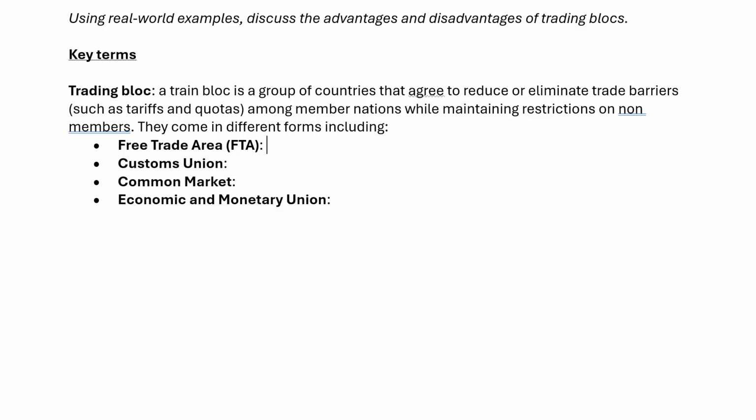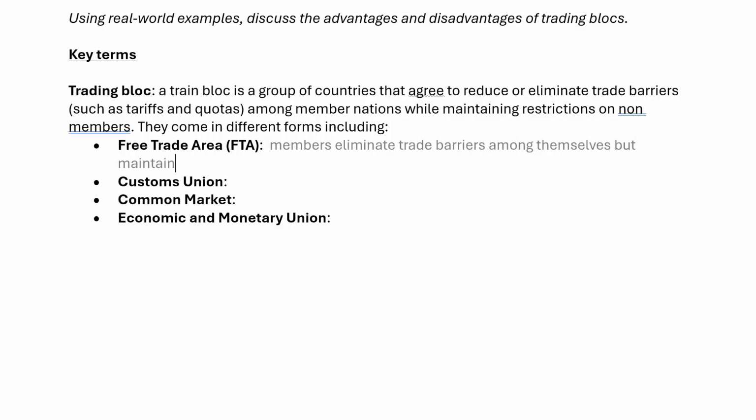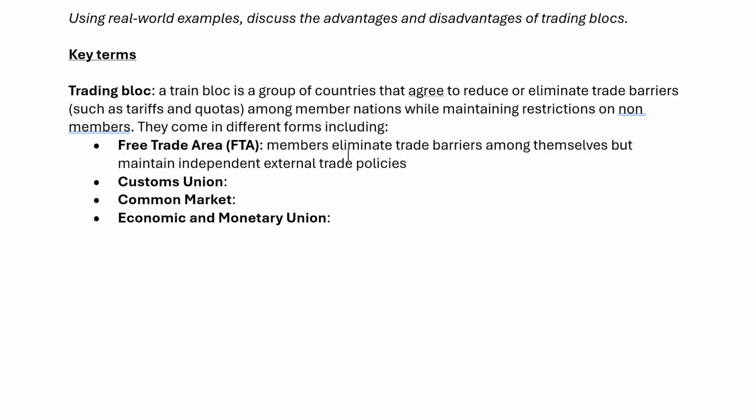So with a free trade area or an FTA, members eliminate trade barriers among themselves but maintain independent external trade policies. Under a customs union, members eliminate internal trade barriers and adopt a common external tariff.